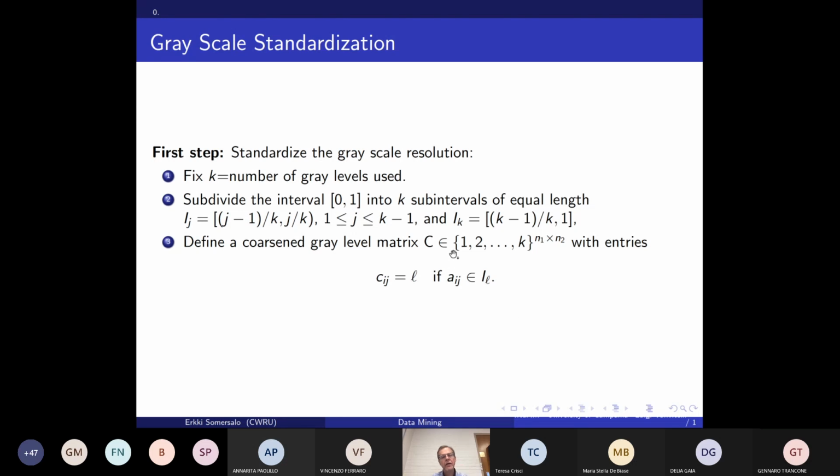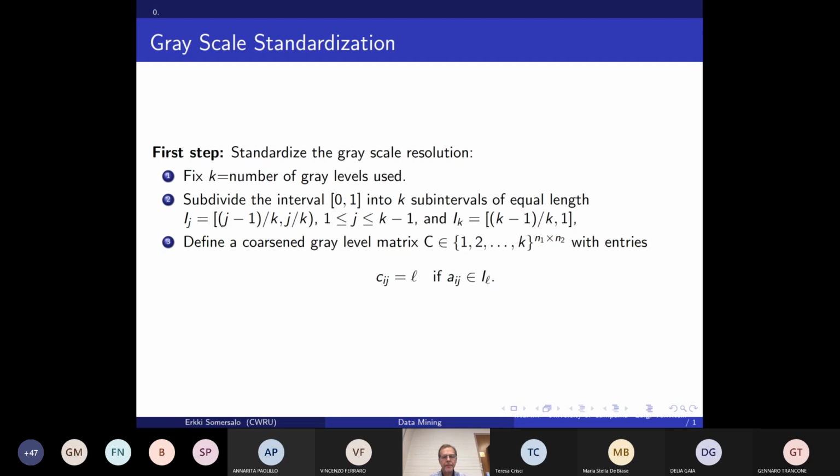Notice, I'm saying that my C_ij is L if the true grayscale I_ij, so this is the scaled grayscale, is in the interval I_L. So I'm classifying each pixel into one of the classes from 1 to k, depending on which subinterval the grayscale falls.